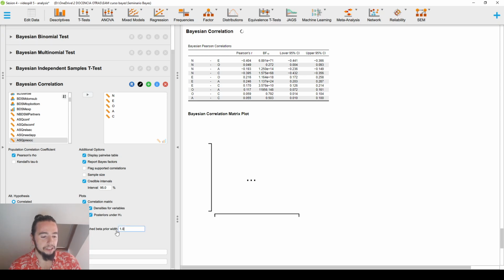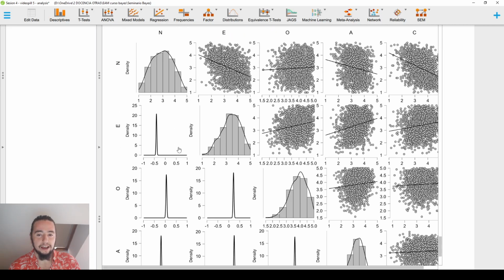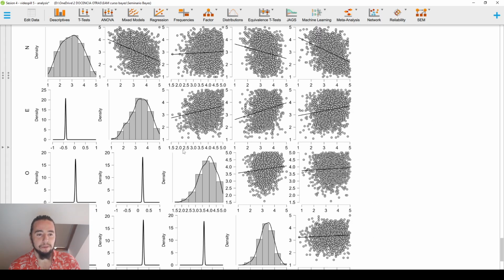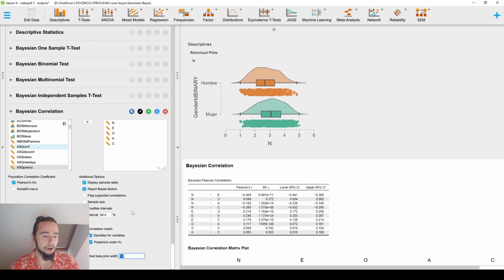And here you can adjust the prior width of the beta parameter in the beta distribution, right? So that's pretty much okay because then you can make it a more informative prior. And here we have a very informative plot of all of the scatter plots available, our densities and histograms of our variables, and also the posterior distributions of all of the Bayesian inferences that are going on.